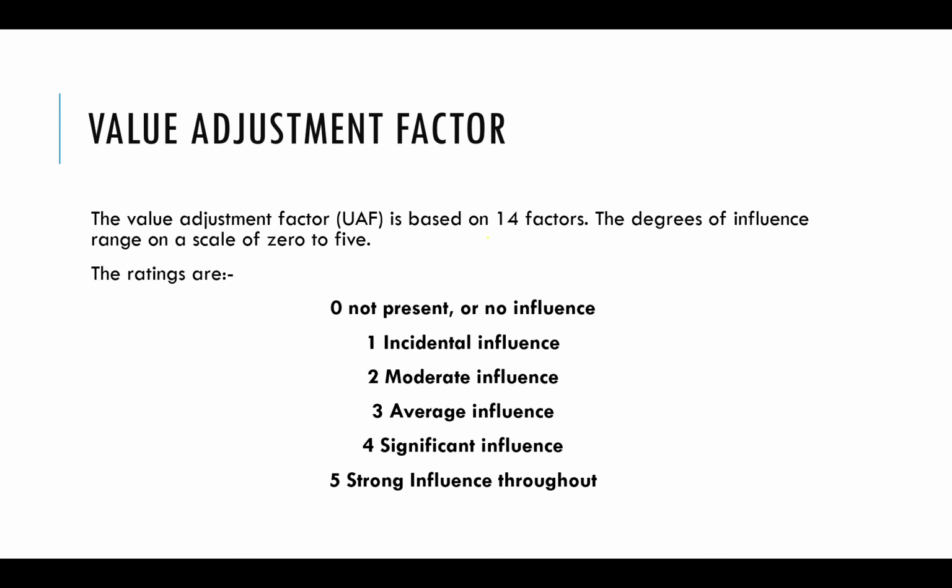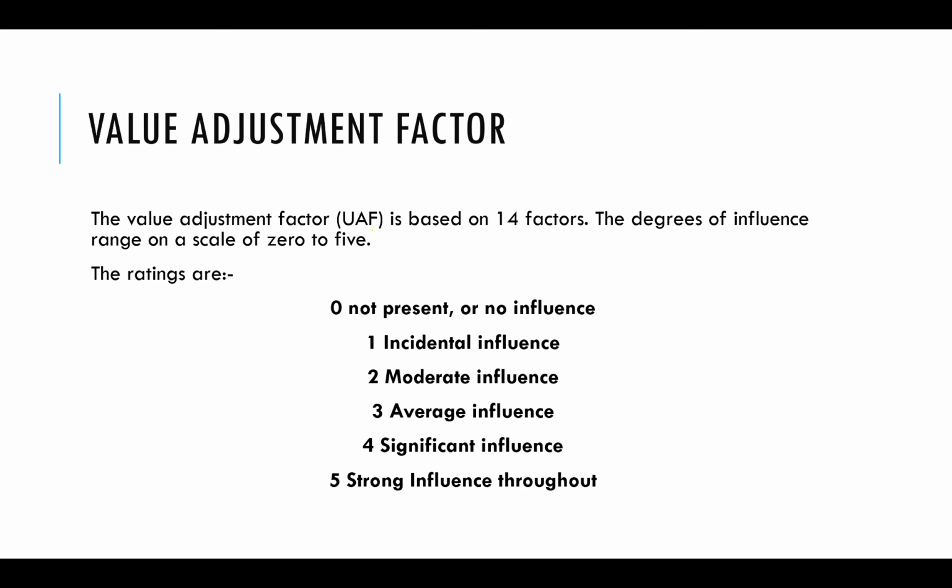The next parameter used to calculate the number of function points is the value adjustment factor. It depends on 14 factors, and the degree of each factor is based on six ratings: 0, 1, 2, 3, 4, 5. Every project is different; some might have online processing, complex data communication, or performance constraints.